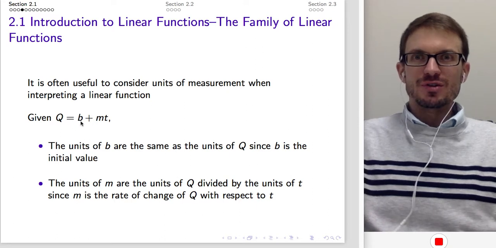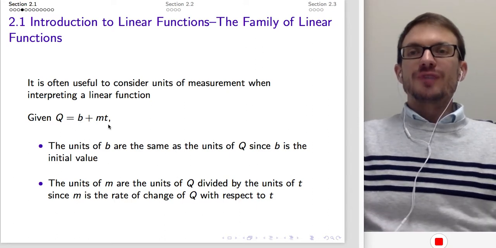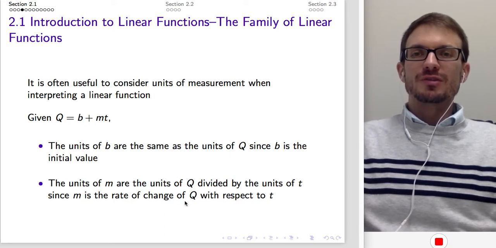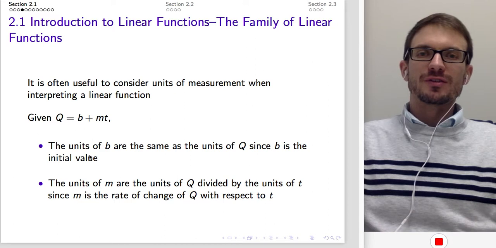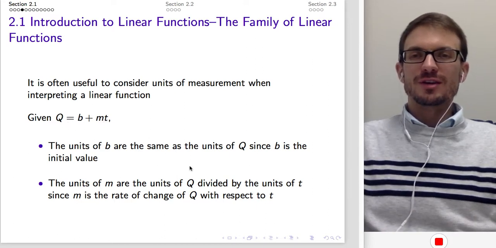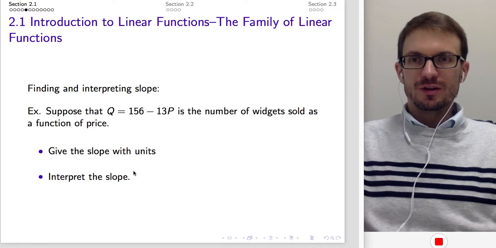Now the units of m are going to be the units of q divided by the units of t, since m is the rate of change of q with respect to t. m has to tell us how q is changing with respect to t. I'll say a little bit more about that in a little bit.